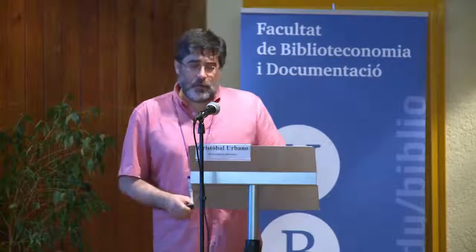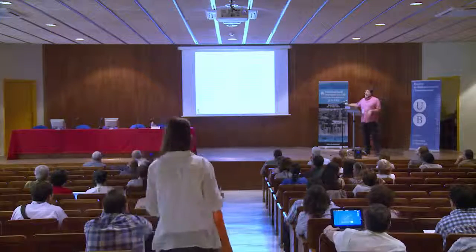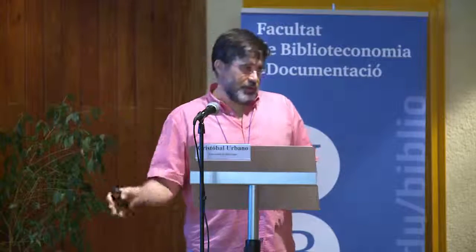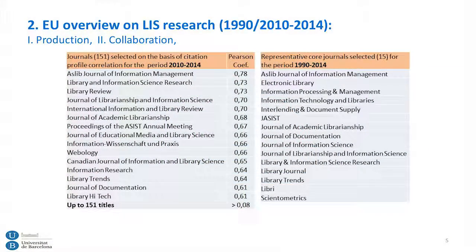You can see here two tables. On the right, you have a table of 15 journals that we have exploited for the long run, from 1919 until 2014. For this long run we tried to parse the data. And for the short period, 2010-2014, we worked with 151 journals out of the 201 in the list of LIS journals in Scopus.